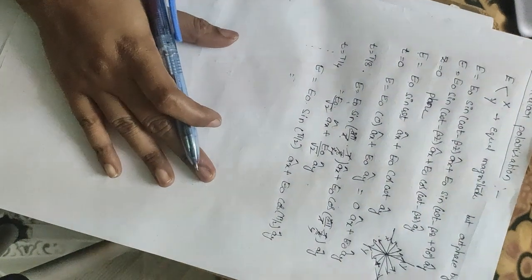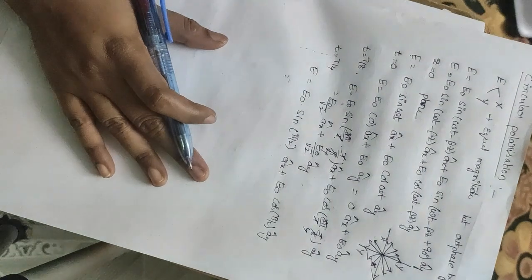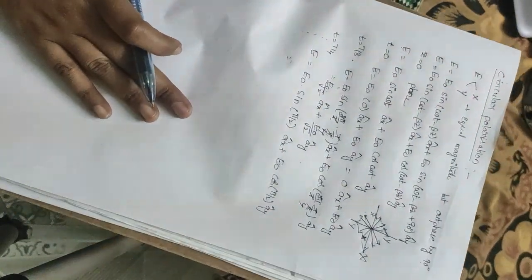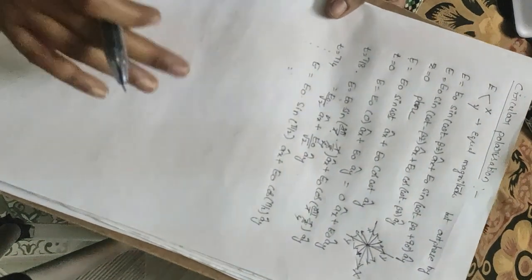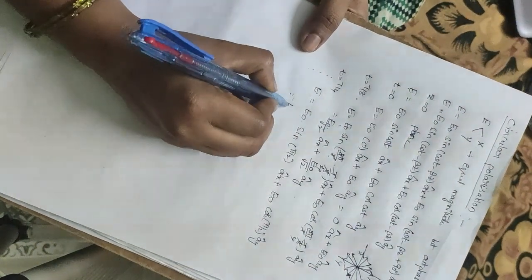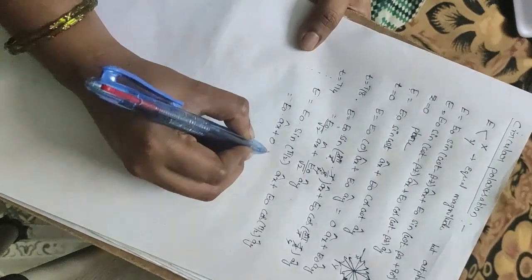So that is equals to E naught into ax cap, sin 90 is 1, plus cos 90 is 0.